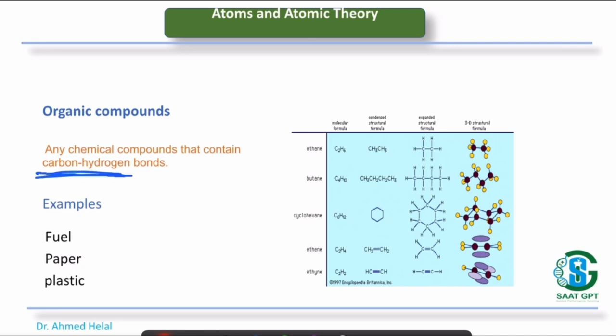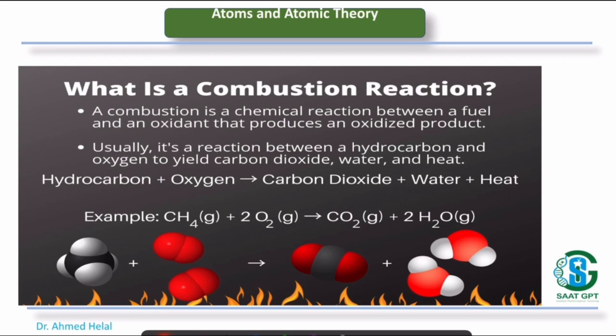Hydrocarbons contain carbon and hydrogen in their chemical composition, like fuel, paper, and plastic. When any hydrocarbon combines with oxygen, we have carbon dioxide and water and heat. This is known as a combustion reaction.